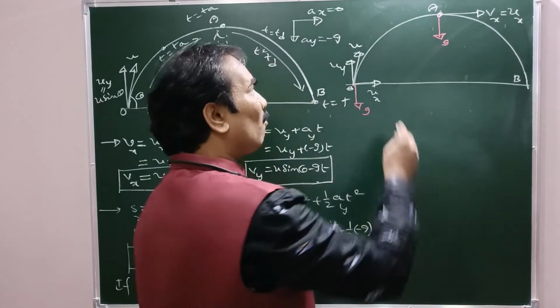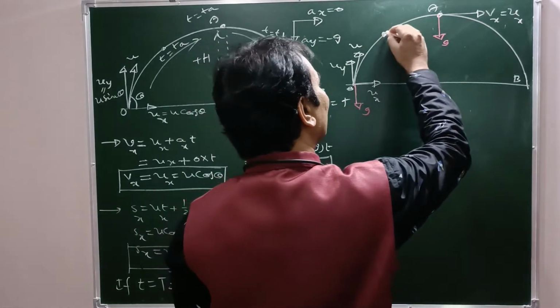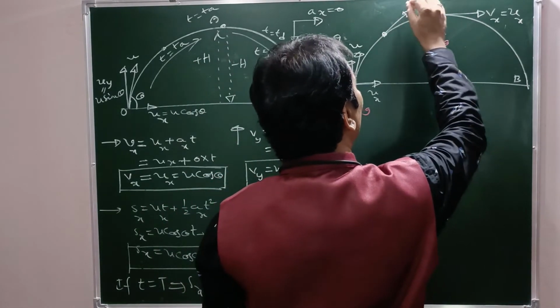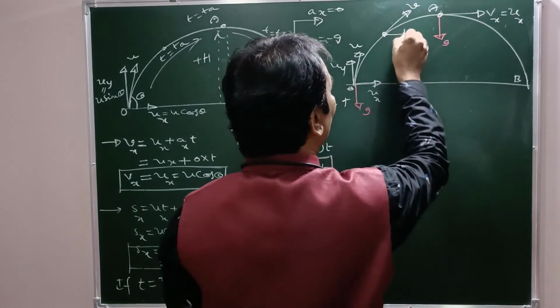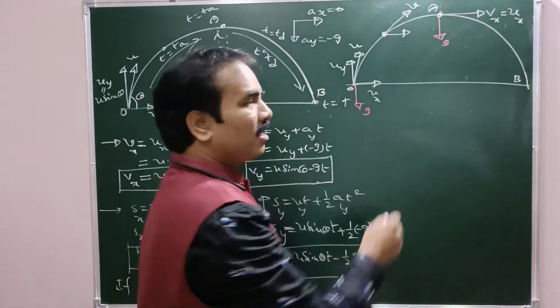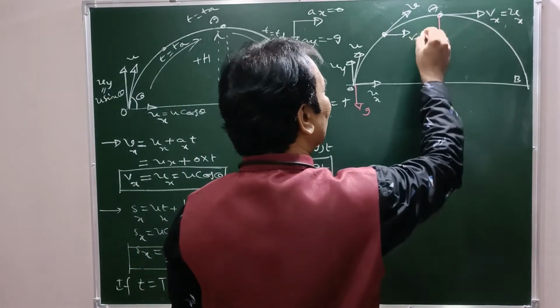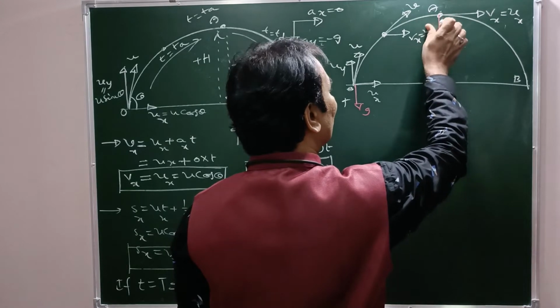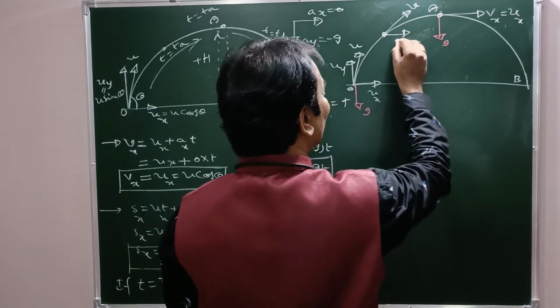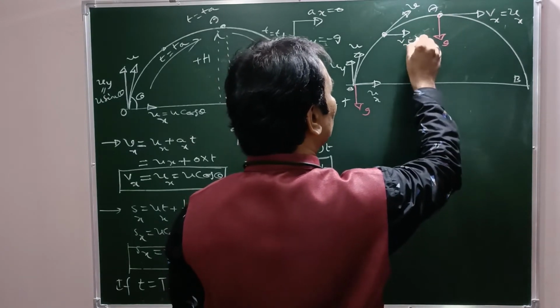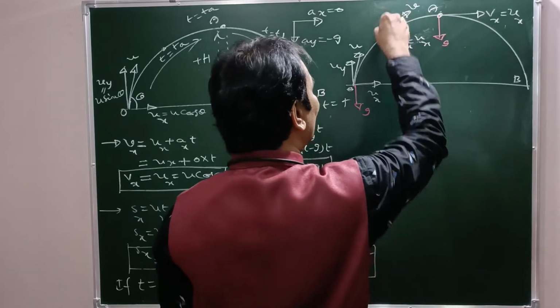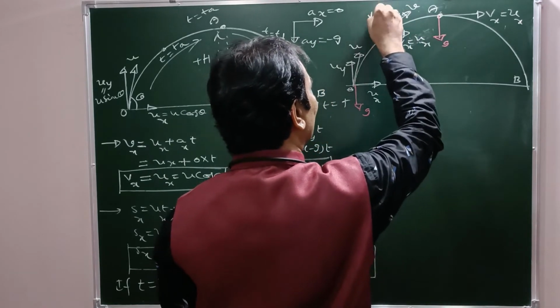Suppose I take one point somewhere here on the trajectory, with velocity V, divided into two components. Vx is equal to Ux, because the horizontal velocity remains the same. Then there is the vertical velocity Vy.